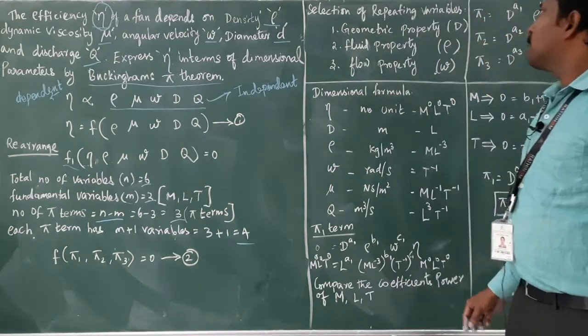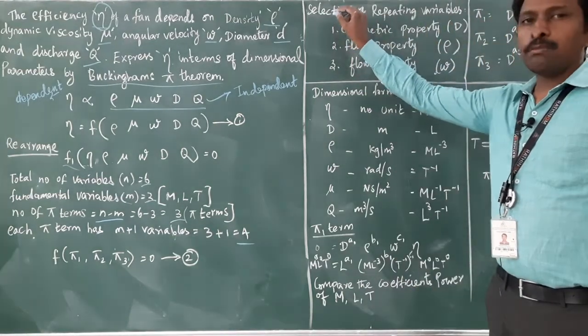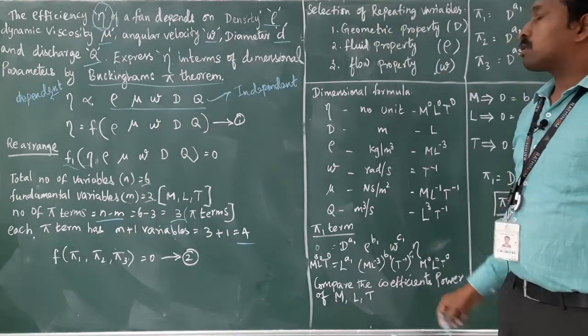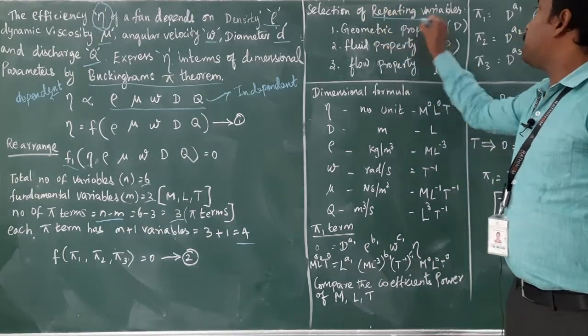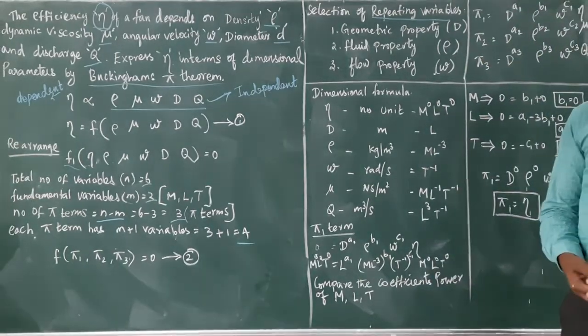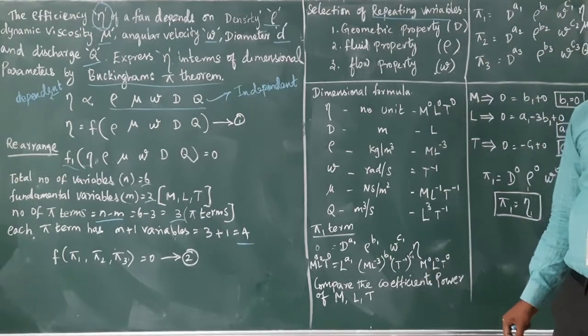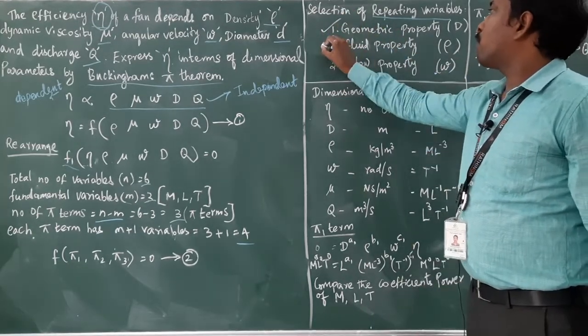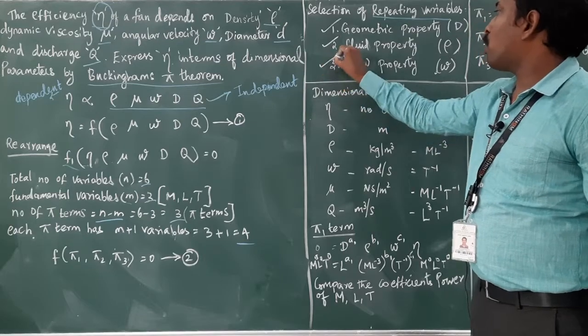Next, for Buckingham's pi theorem we need to find out the repeating variables. Repeating variables means we need to choose 3 variables. One is geometric property, another is fluid property and another is flow property.